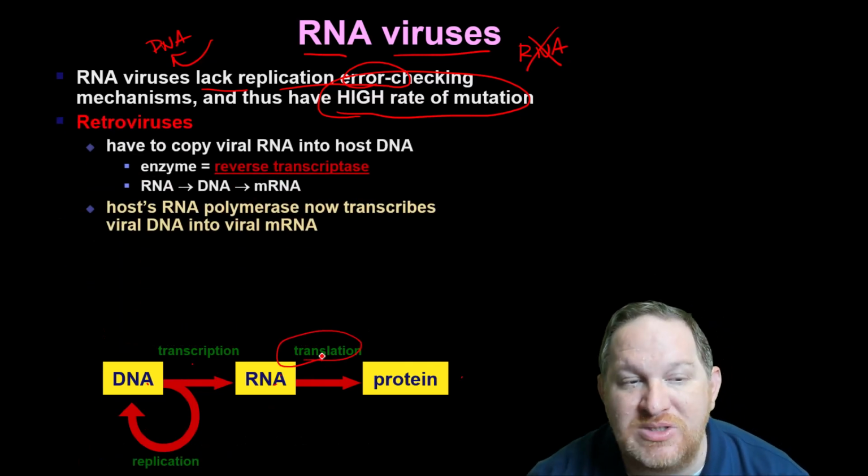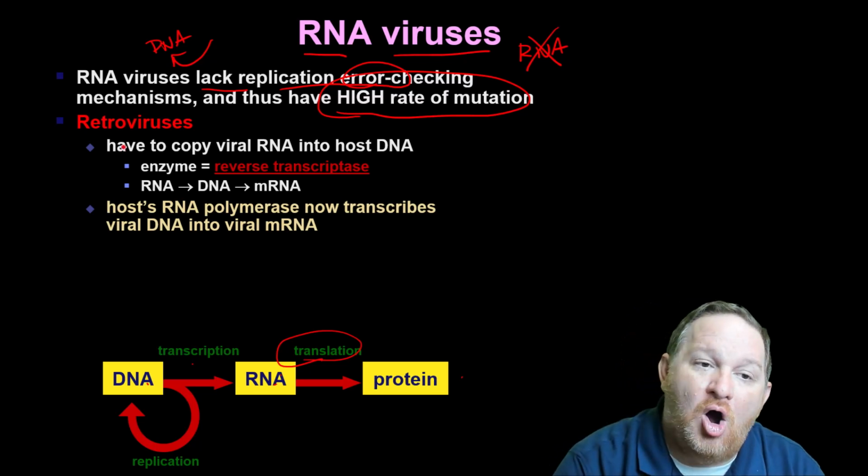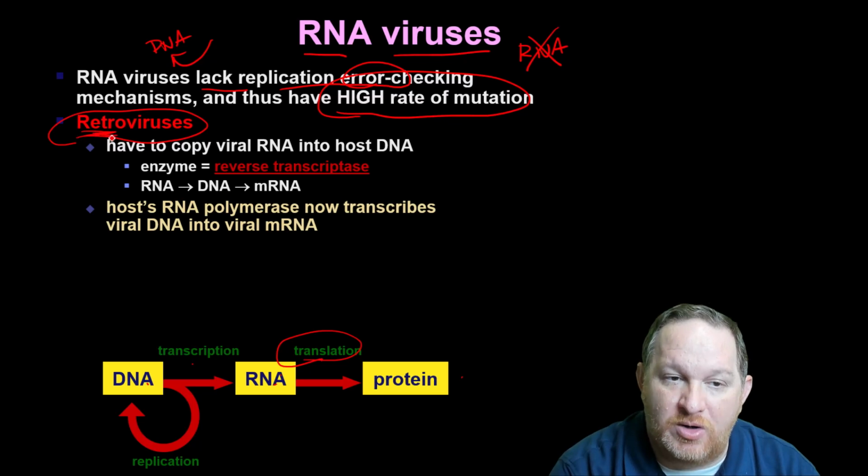Well, one particular virus which is really nasty are the retroviruses. Retro, think reverse. They have RNA that they use the reverse transcriptase enzyme on to make DNA.